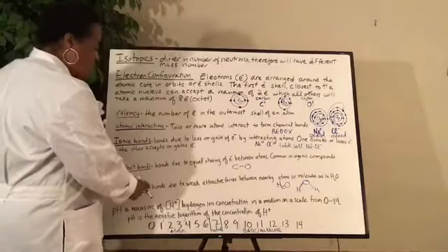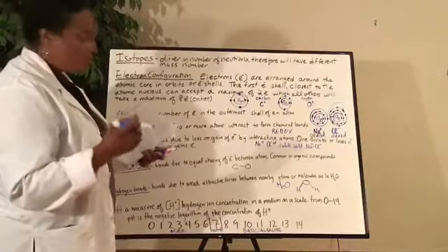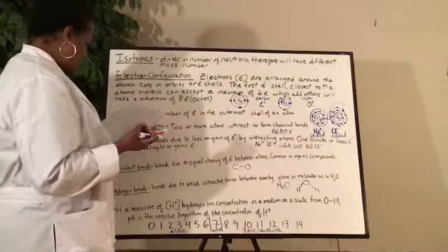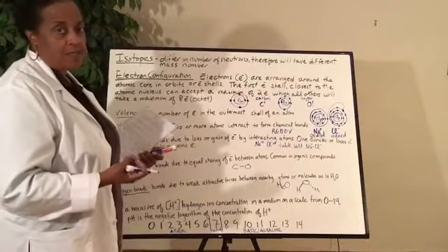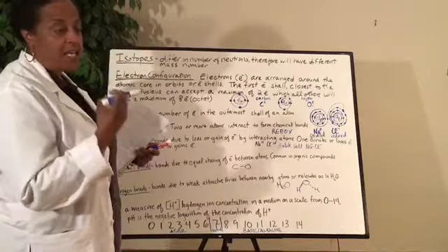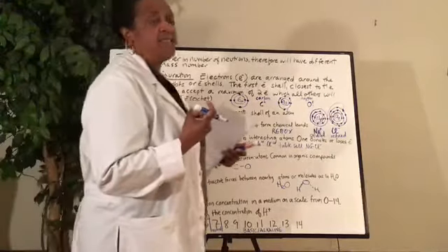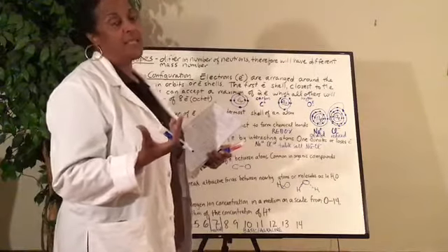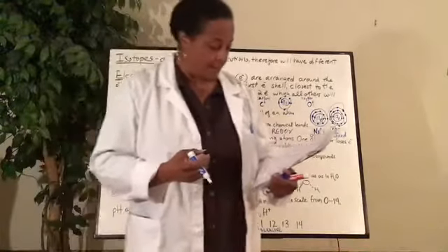Hydrogen bonds are very weak, so that's why I put it like that. But it's strong enough to keep the properties of water. Remember, water is a universal solvent. In other words, it is the liquid that solutes can be dissolved in, right? Or suspended in, whatever. But water is a universal solvent, okay?